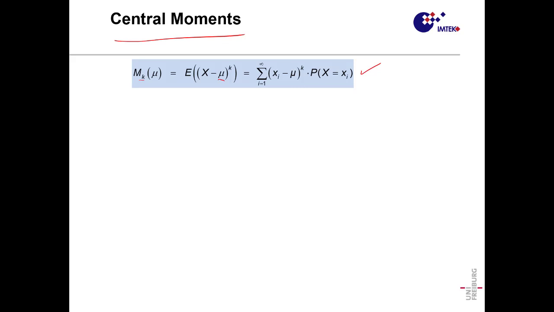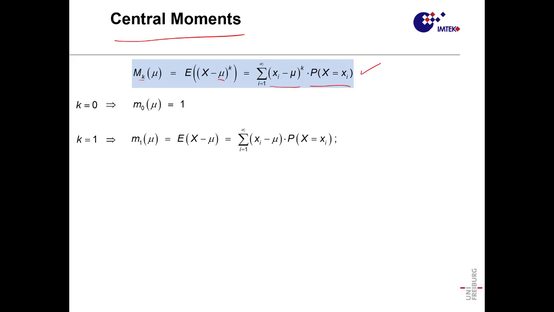So the expected value will be, as always, the sum of the variable times the probability of this variable to happen. Okay? So let's say that k is 0. If k is 0, what happens? This is 0, right? And the moment of 0 will be just 1. Okay?